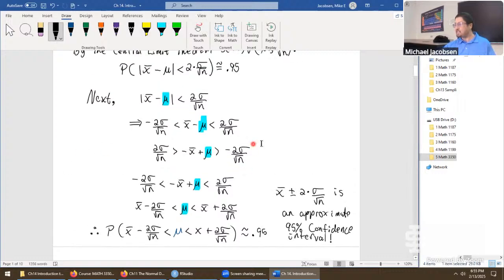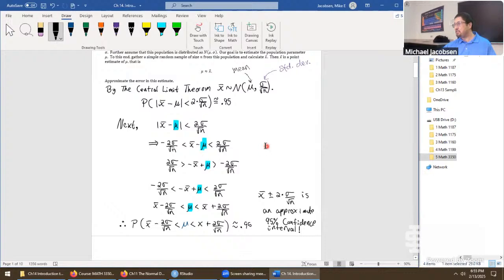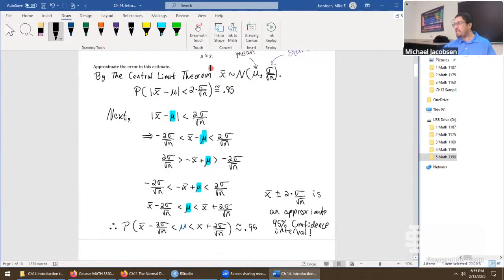So we had a task, and what we got was a confidence interval. Recall what we really want to say is, what is the error in this estimate? But the moment we got this interval, we can see the error. It's going to be right here.